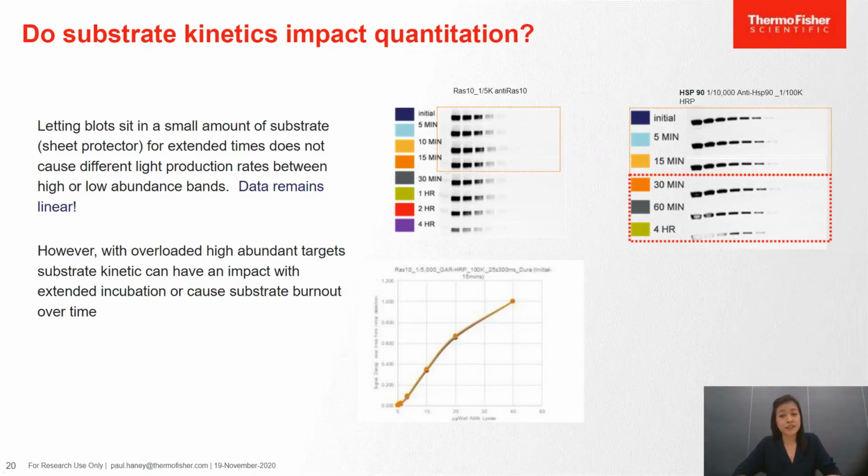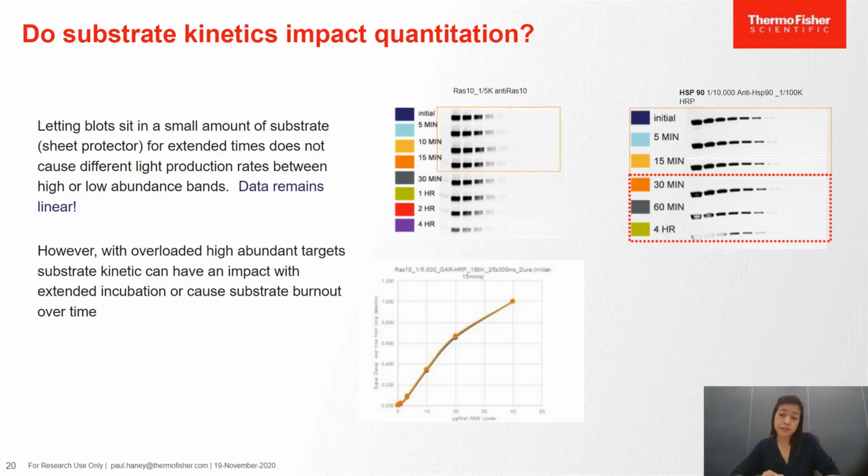Next, do substrate kinetics impact quantitation? In the blots on the right, we allowed blots for Ras10, a low abundance protein, and HSP90, a high abundance protein, to sit in a small amount of substrate for extended times.